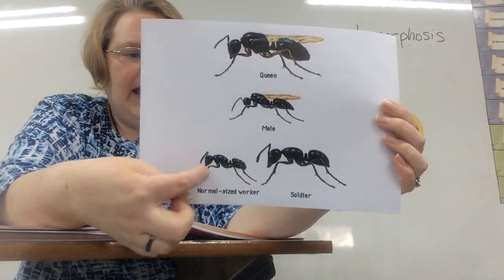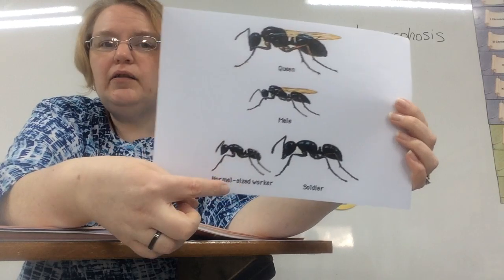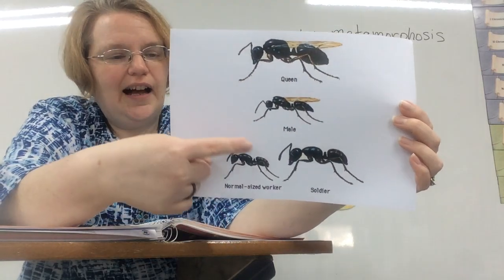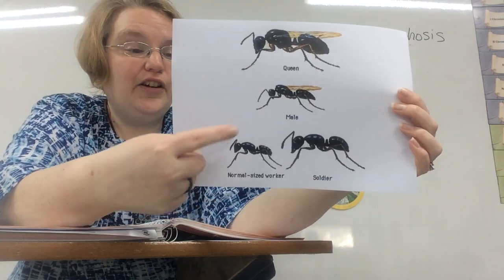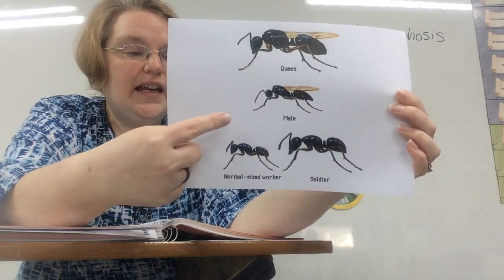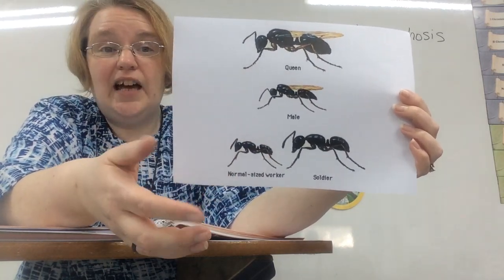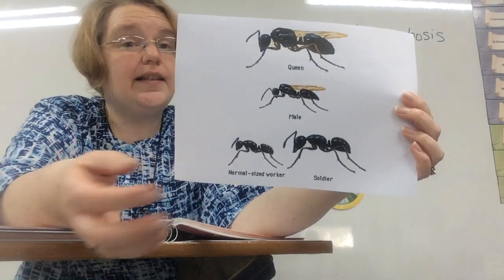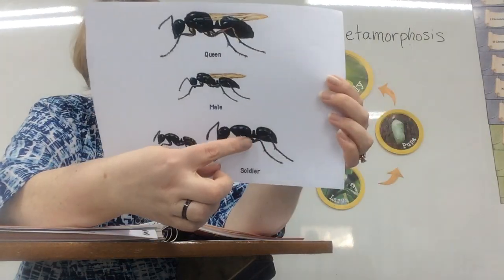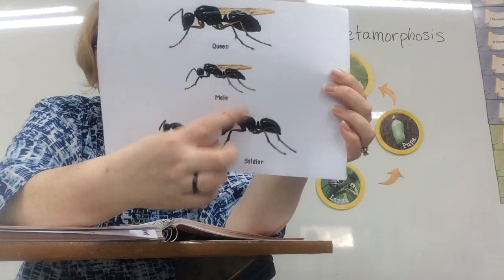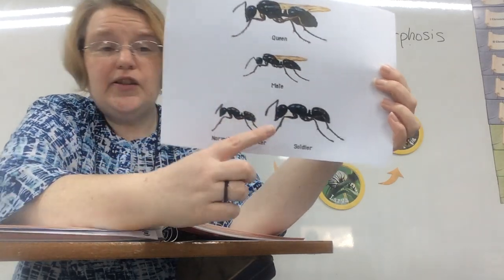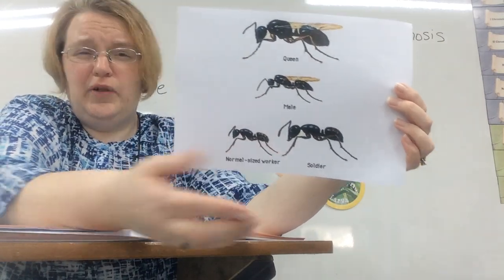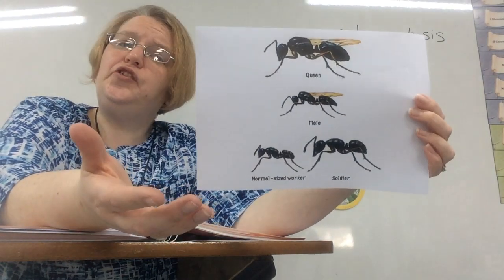Then we have a worker ant. All right, he's kind of small, but that's okay. He has many, or she, I apologize, they are a girl. They have lots of jobs to do, like digging the tunnels, taking care of the larvae and the eggs, and all sorts of things. And then we have the soldier one. This one, the soldier, is a little bit larger, but not as big as the queen. But the soldier, you think about what a soldier would do that protects a country.